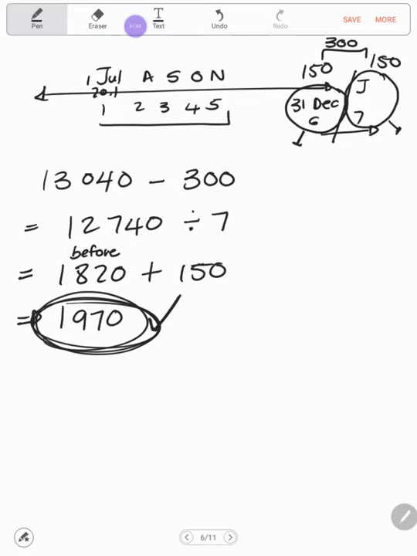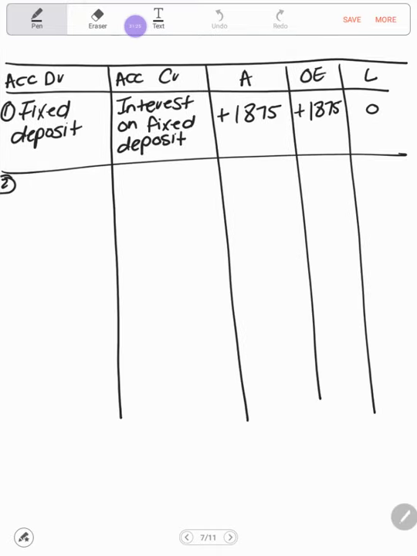So let us go and post it. What is income received in advance? It's a liability. That is why it will be credited, because liabilities increase on the credit side. Income received in advance, and obviously what account came from this income that was received in advance? It was the rent income, which will be debited.